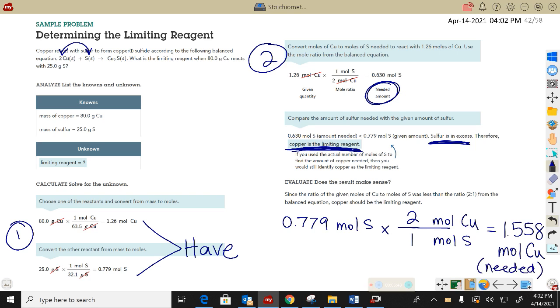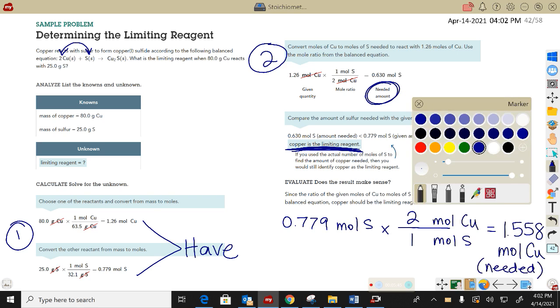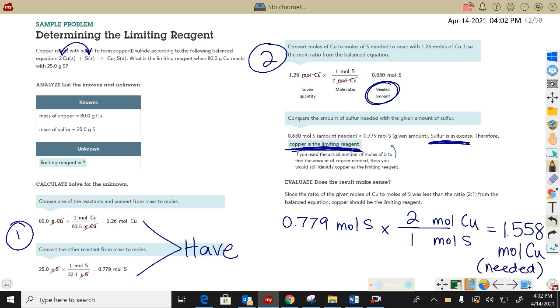And then you just do a little comparison. All right, so I'm going to need about 1.558 moles of copper to completely react with 0.779 moles of sulfur. So then I just take that back to what I have. And now I find, I don't have that.